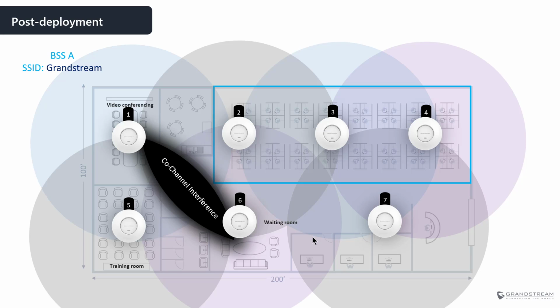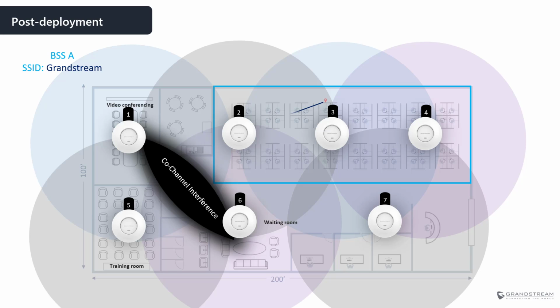The other issue that could happen with access points transmitting with higher power is, look at this area. It's a small area because we have a lot of users, so we decided to deploy 3 access points so that we can provide the users with higher throughput and reduce the congestion in that area.